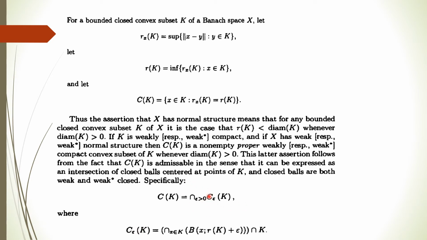So it is the intersection of the closed balls with the centers at points of K. So C_epsilon(K) is the intersection of all the closed balls with center at x and radius r(K) plus epsilon, and the intersection with K. So C represents this value.